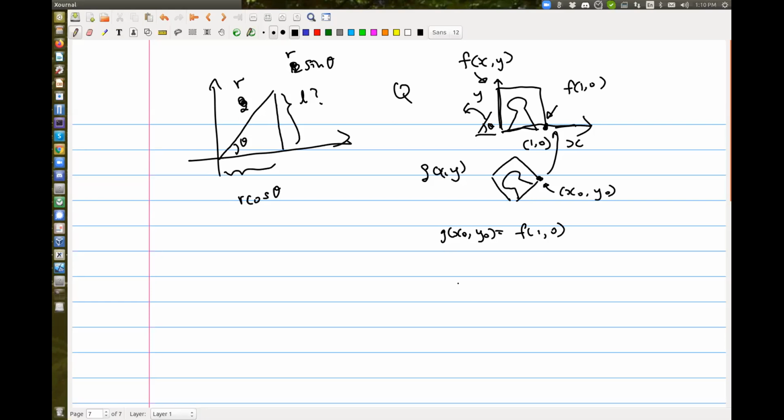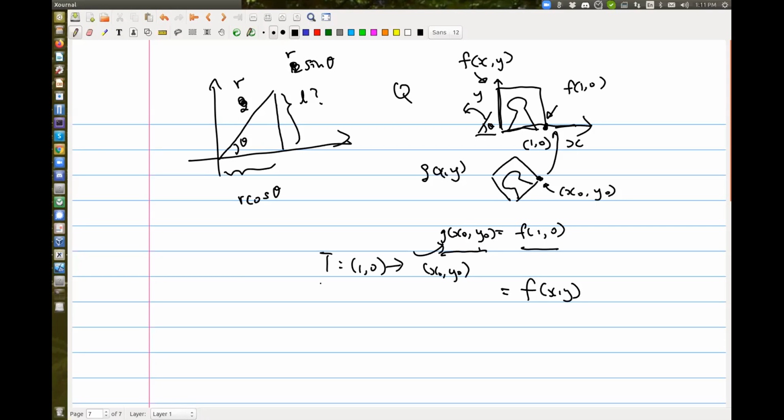So as you can see, a rotation, or in general image warping, is basically a transform of your coordinates. I start with f(x, y) here. It will map to some new coordinate. Let's say I have some transform T, that for this one, (1, 0), is mapped to (x0, y0).